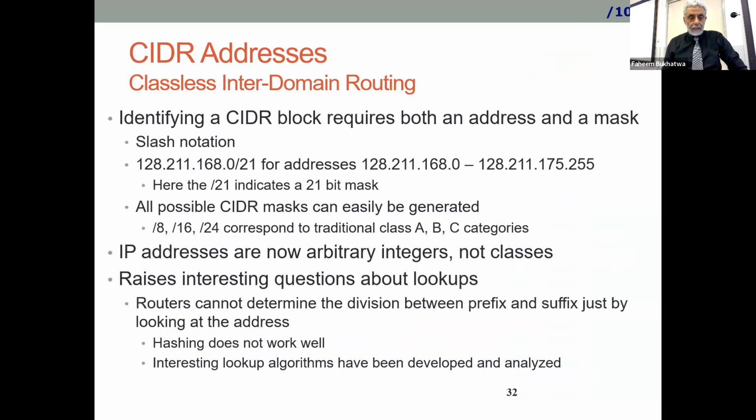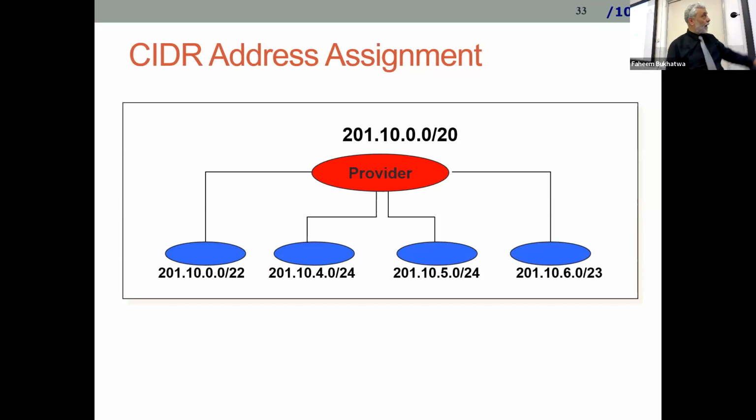Now, the CIDR address is short for classless inter-domain addressing. So forget about the classes A, B, and C. We don't quite forget about them, but we can divide even smaller than those classes. So here's an example.